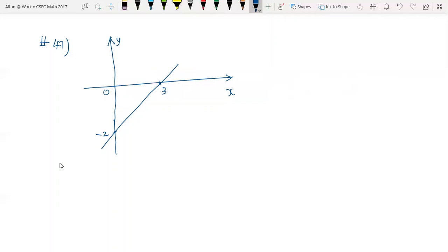So the straight line, and the straight line here is named AB, cuts the y-axis at, and we need to find the coordinates now. This is your y-axis here. It cuts the y-axis at this point right here. So what are the coordinates of that point? Well, we know coordinates are always written in the form x and y.